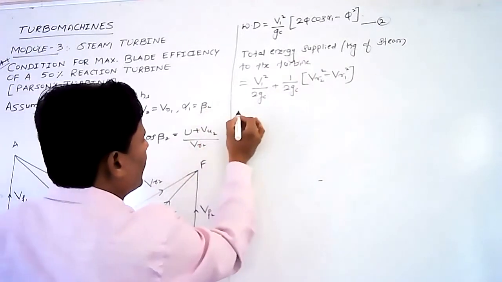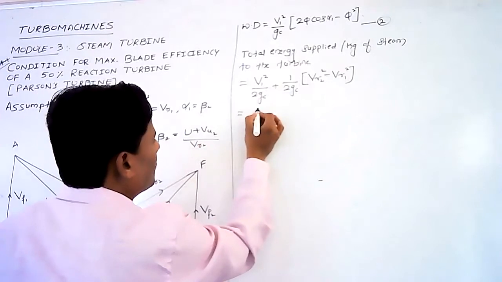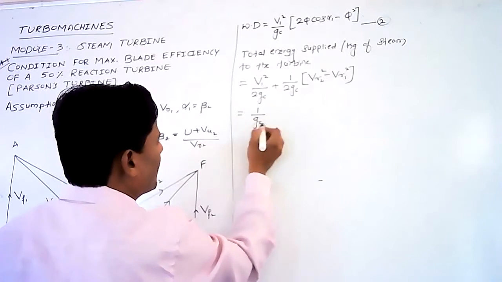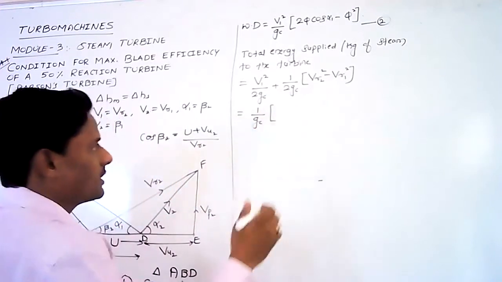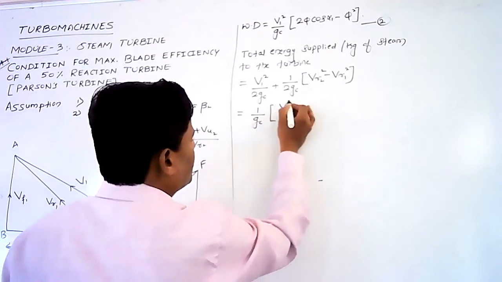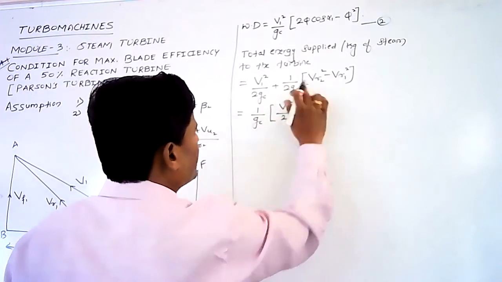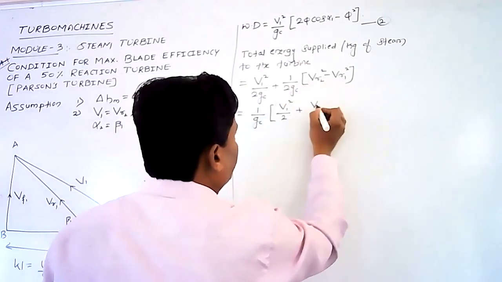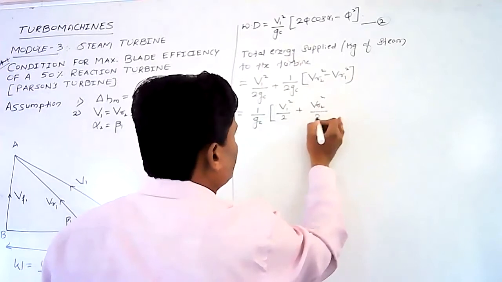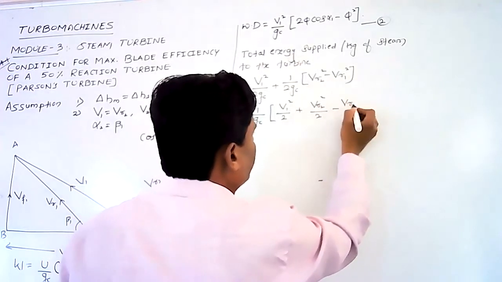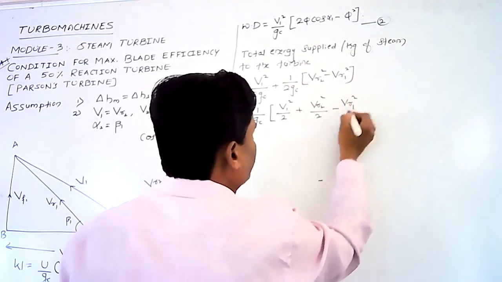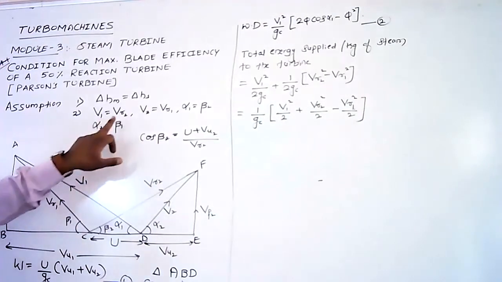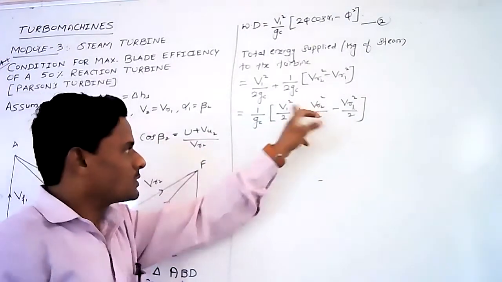Now let us take 1 by gc outside the bracket. What is the remaining term inside the bracket? It is V1 square by 2 plus, opening the bracket by multiplying 1 by 2, VR2 square by 2 minus VR1 square by 2. Now we know from the assumptions that VR2 equals V1.